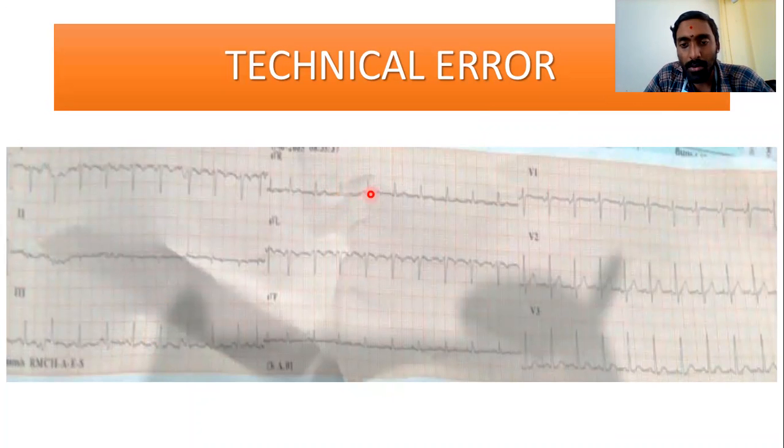In case it is positive, look at the R wave progression across the precordial leads. If the R wave progression is normal, then there is a high chance that there is a left arm, right arm lead reversal. This is very important, because our interpretation will change in the limb leads, the axis interpretation, everything changes, whereas precordial leads are untouched by it.